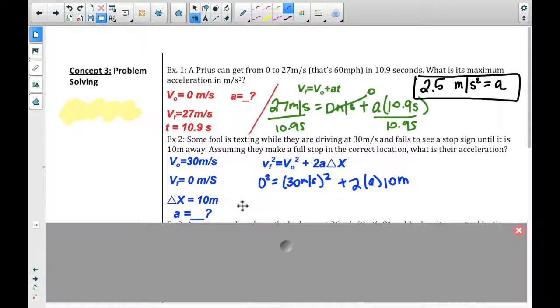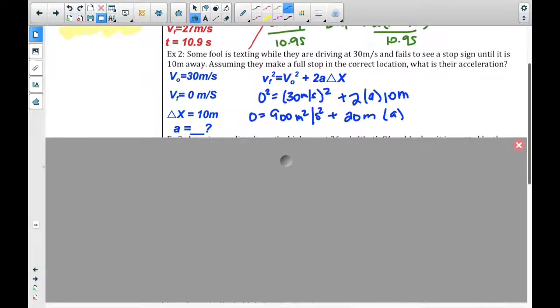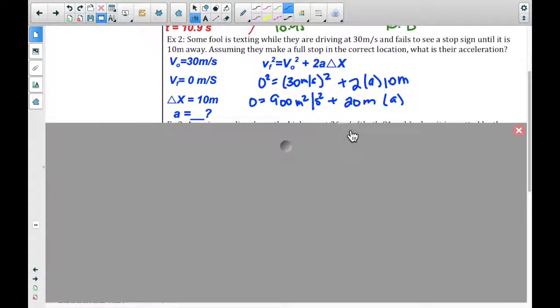Okay, so now I'm going to go through and simplify this a little bit. I still have 0 on the left. On the right, I have 900, and I'm going to call this meters squared per second squared, because when I square that, I'm going to get meters squared per second squared. And then with this, I have a 2 times 10, that's 20 meters, and I'm multiplying that times a. a is also what I'm looking for, so I need to do a couple things.